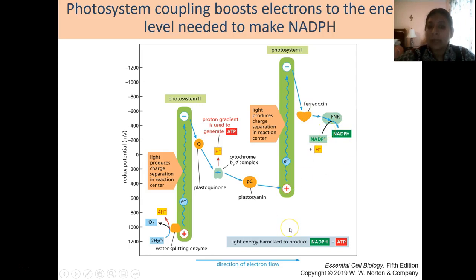So the light energy that you're producing in these two systems, in the first case using the electron transport chain, and then in the second case just using the light energy itself, is in the form of ATP and NADPH. And now you can see that in photosystem 2, where you were using the electron transport chain for energy production, you actually produced that higher energy molecule, the ATP.